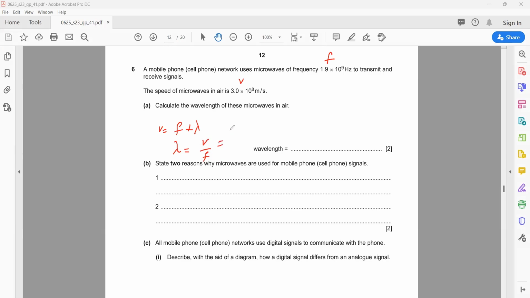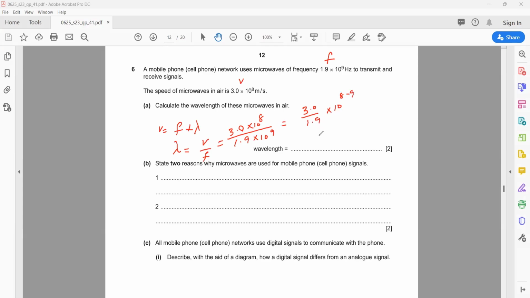Speed is 3.0 × 10^8, and the frequency is 1.9 × 10^9. When you solve it, you can simplify this, so it will be 3.0 over 1.9, times 10 raised to power 8 minus 9.